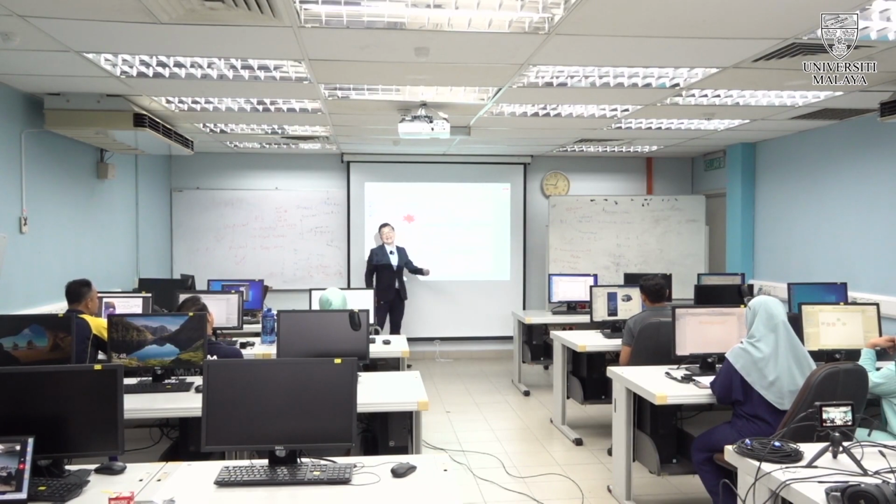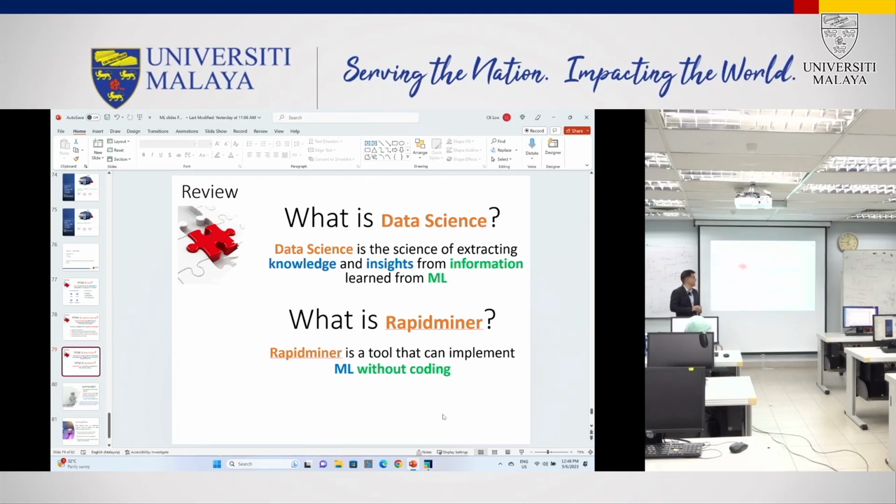Knowledge and insight. Insight daripada human, because human experience. So kita combine information from machine dengan insight from human, kita jadi knowledge. So this is data science, the science of extracting knowledge.